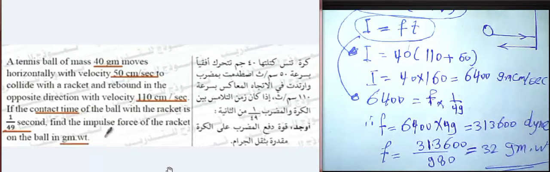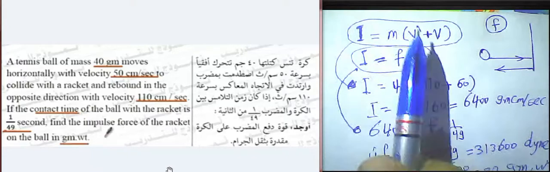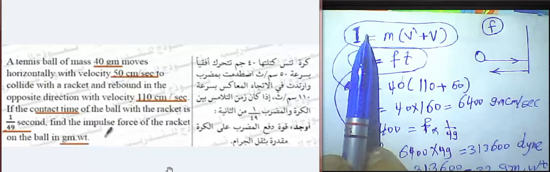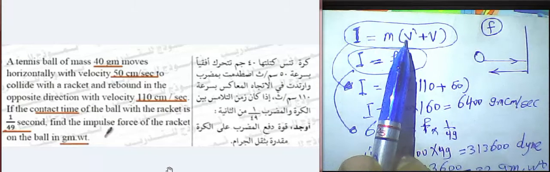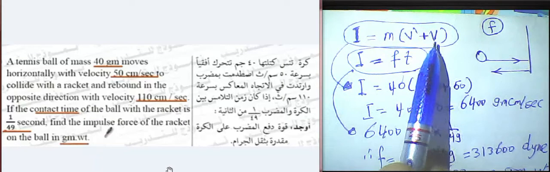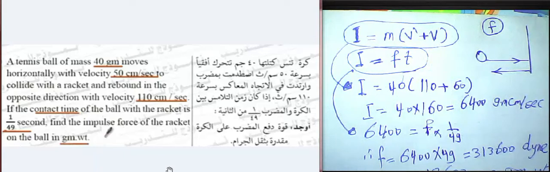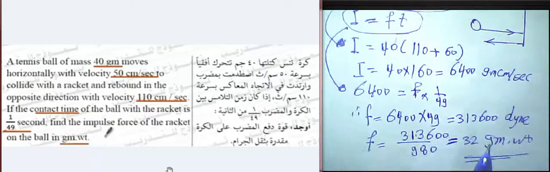It's easy or not? You must know this relation between impulse and v dash, the velocity in the end, and the velocity in the beginning, okay. So we must write the result, 320 gram weight.